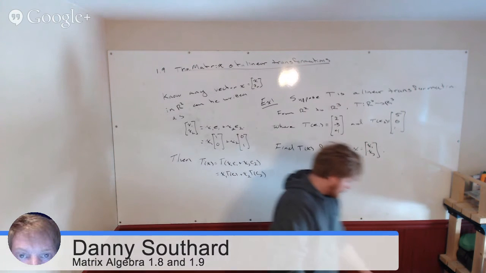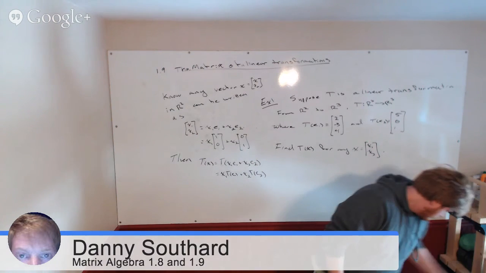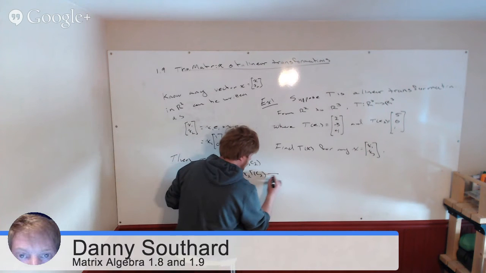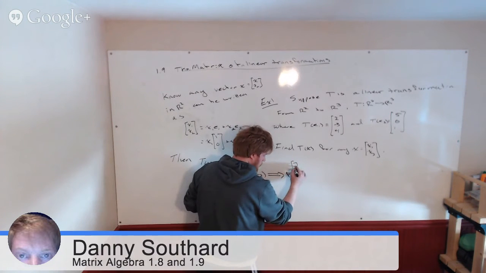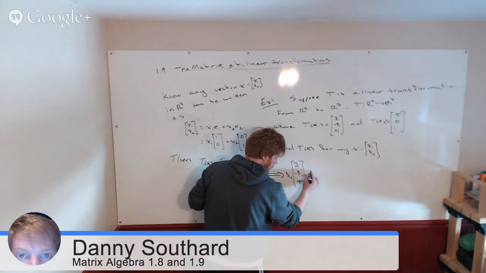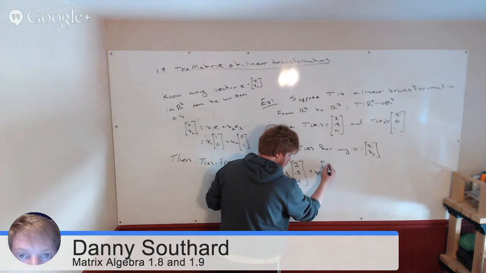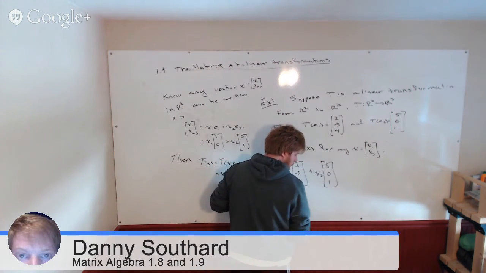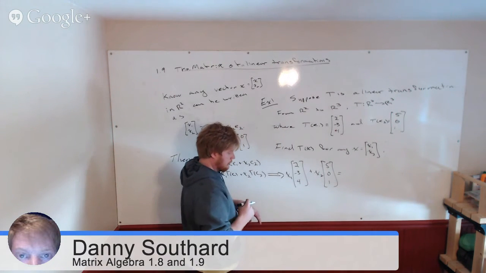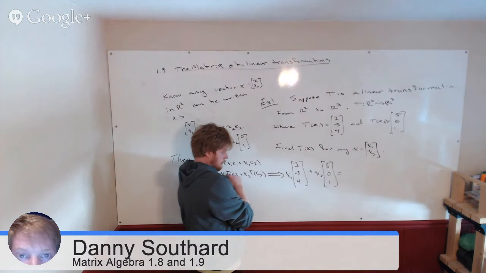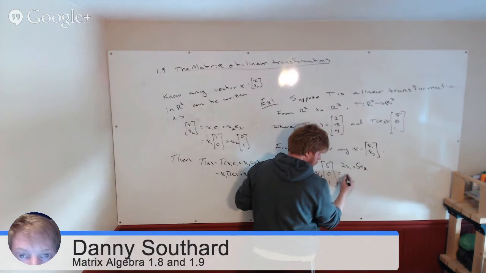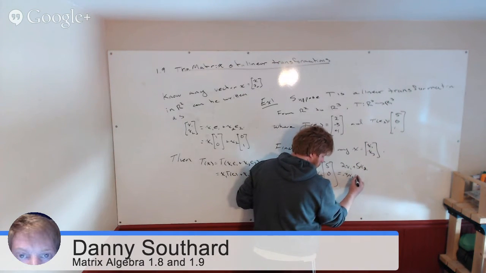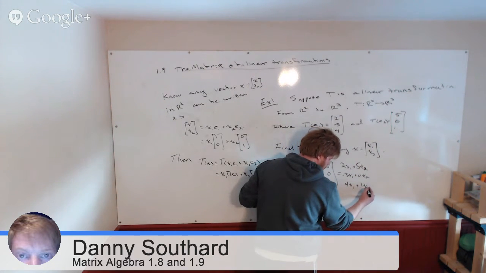So this boils down to x1 times (2, -3, 4) plus x2 times (5, 0, 1), which is (2x1 + 5x2, -3x1 + 0x2, 4x1 + 1x2).